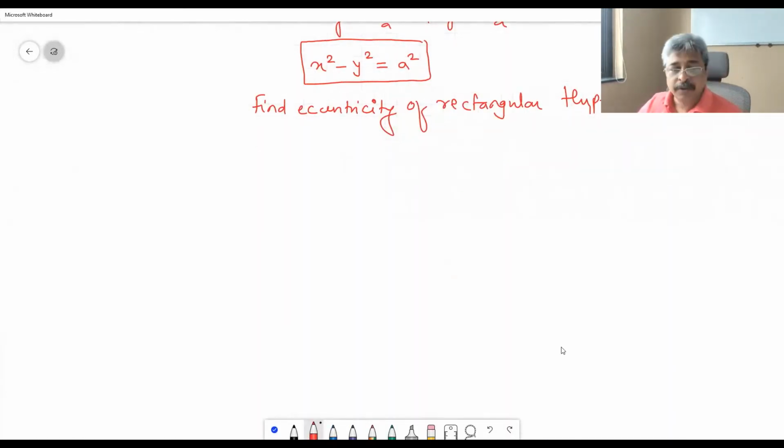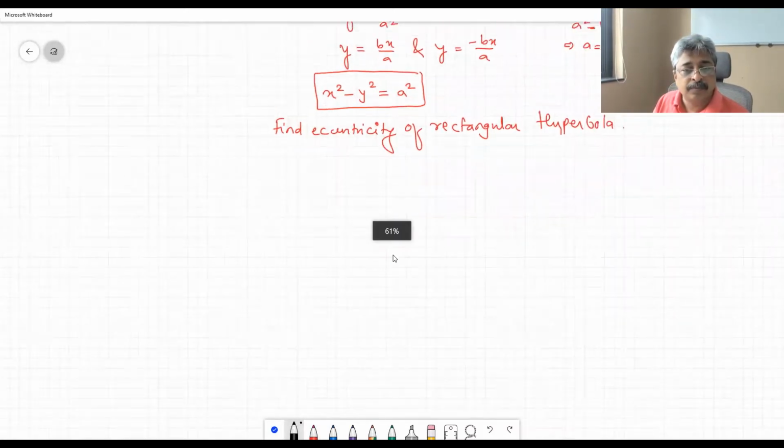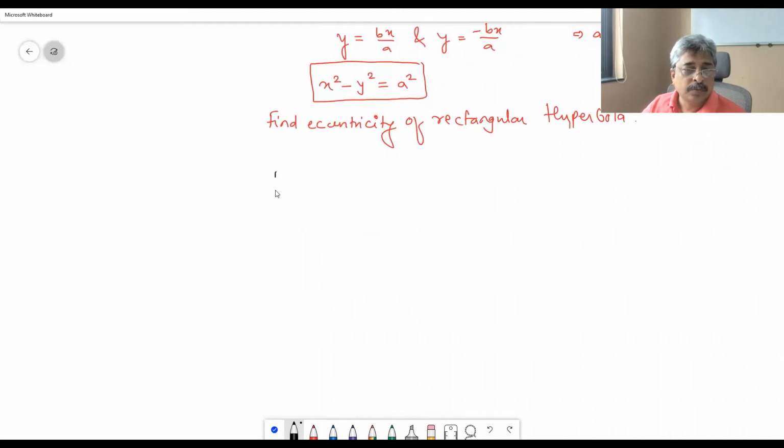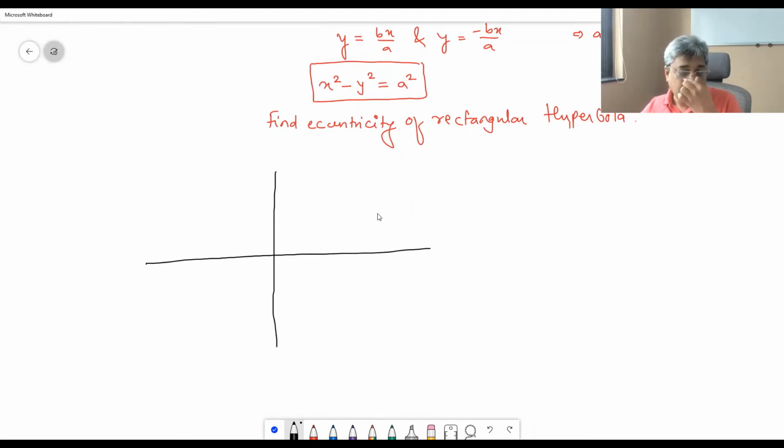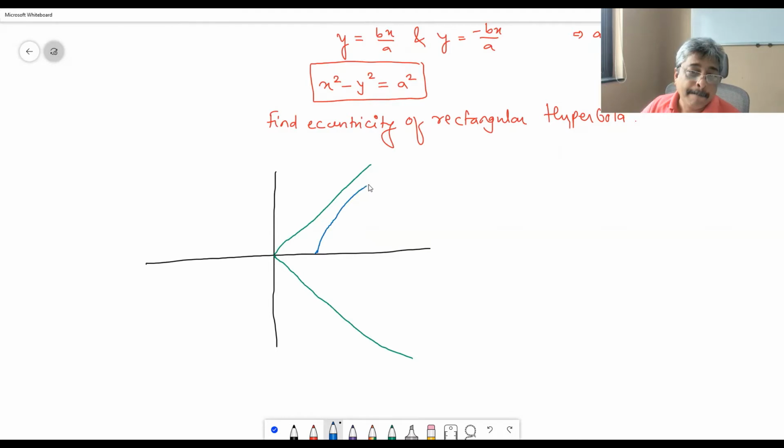Let me sketch. These are perpendiculars, and you have the hyperbola.